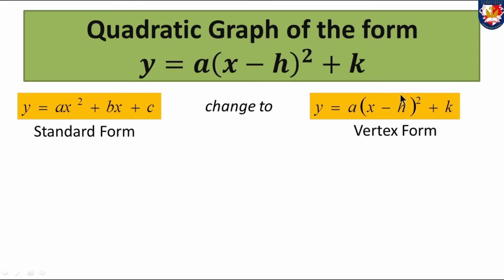So how to find the value of h and k here? As you know, a, b, c are from the original equation. So the value of h can be found by negative b over 2a. After we find the value of h, we can find the value of k.